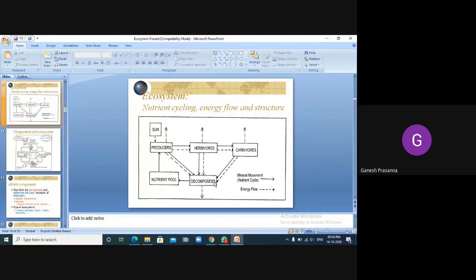During the decomposition also there is a lot of energy that is being lost. But once any matter is converted into nutrients, there is no loss of energy. Clear? Only in the producers, herbivores, carnivores and decomposers the energy will be lost.